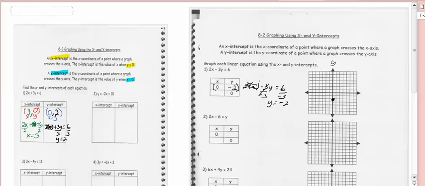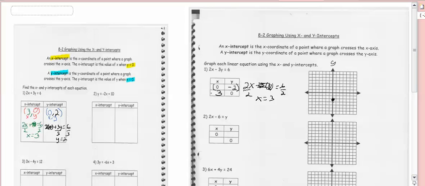Okay, now let's find out what our x-intercept is. So I'm going to go ahead and erase that little bit of work so I have space to work. This time I'm going to use the same equation, and I am going to have my 2x, but now I have 3 times 0 is equal to 6. Again, we don't need to really write that. Divide by 2, divide by 2. My x is equal to 3.